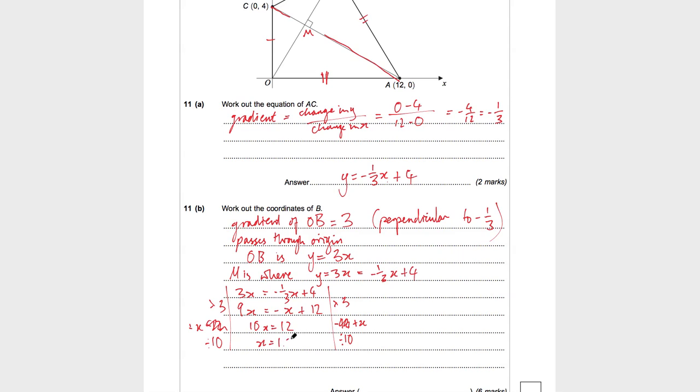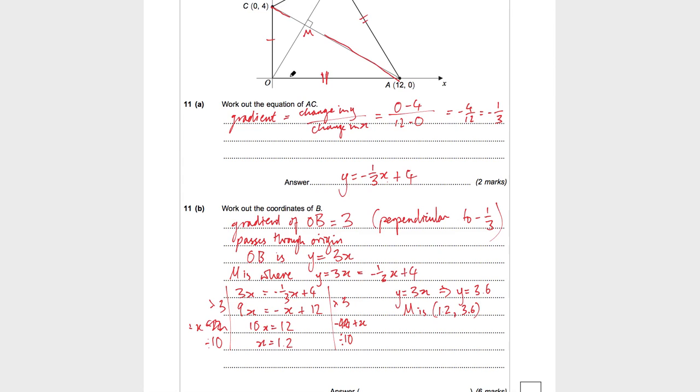X equals 1.2. Y equals 3x, so y equals 3.6. So M is 1.2, 3.6.